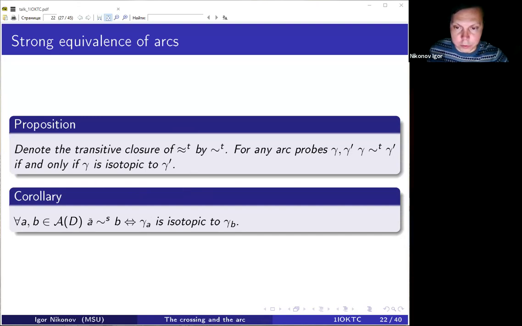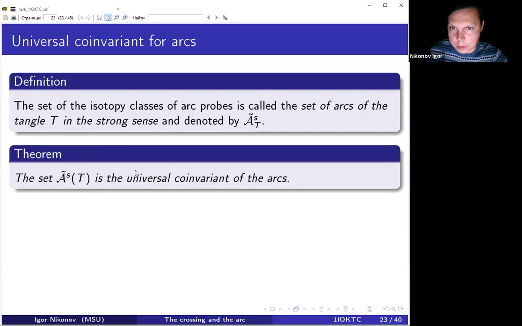So we have the following corollary: two arcs are strongly equivalent only if the corresponding probes are isotopic. And this leads to the following theorem.